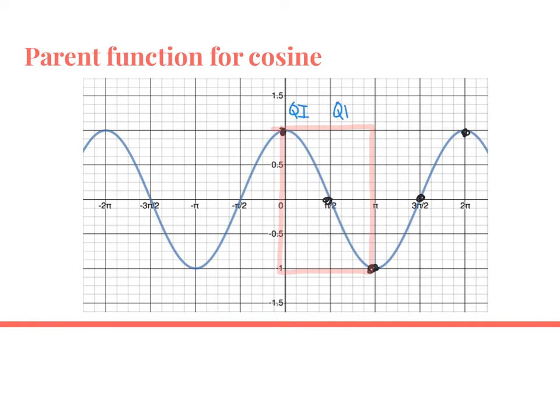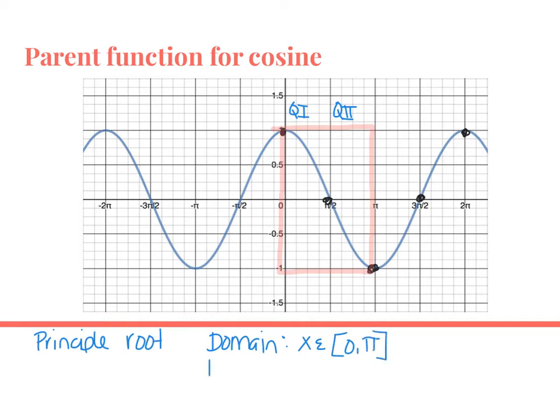This represents quadrant 2. So this is our principal root. Our domain for inverse cosine is x is an element from 0 to pi, and your range is the same as it was for cosine. Your range is between -1 and +1.